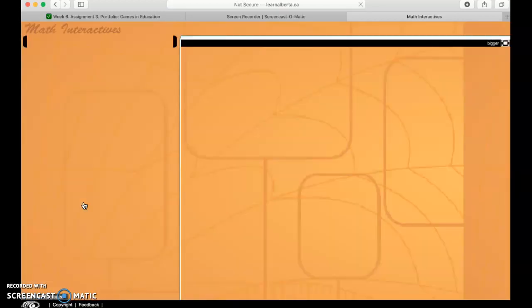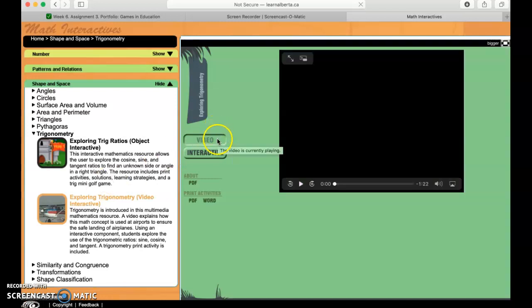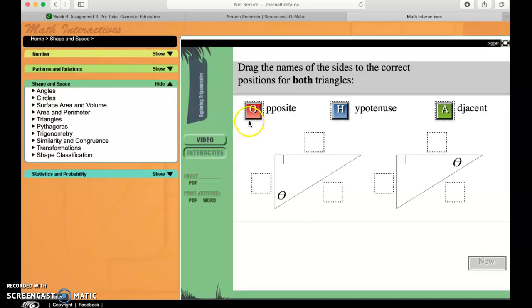And this resource has a video that students can watch if they would like, but I'm more interested in students going to the interactive part, which has them practicing where the opposite, hypotenuse, and adjacent side is of each triangle. So if they're not quite ready for the game, they can practice here and then go to the game and practice their trig ratios.